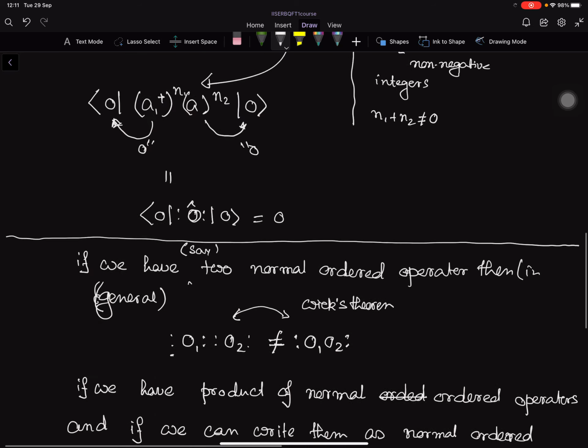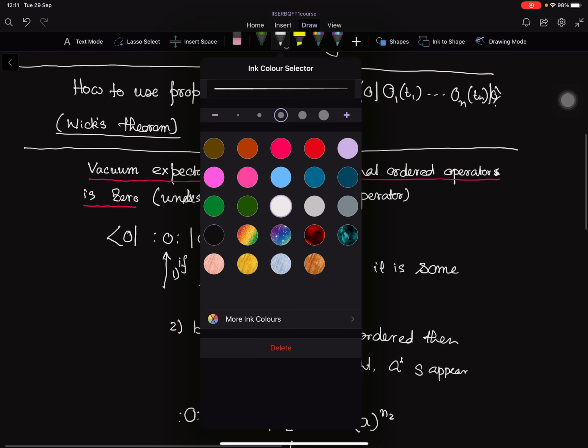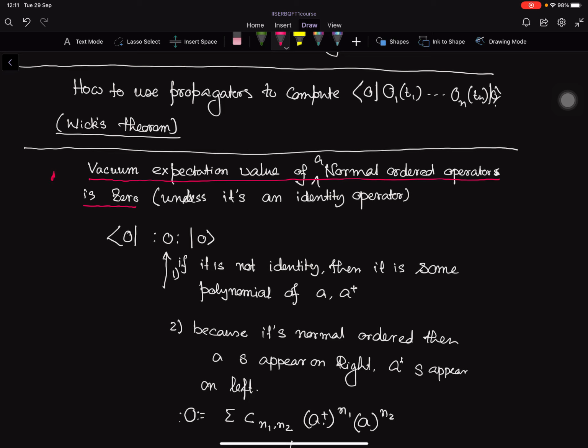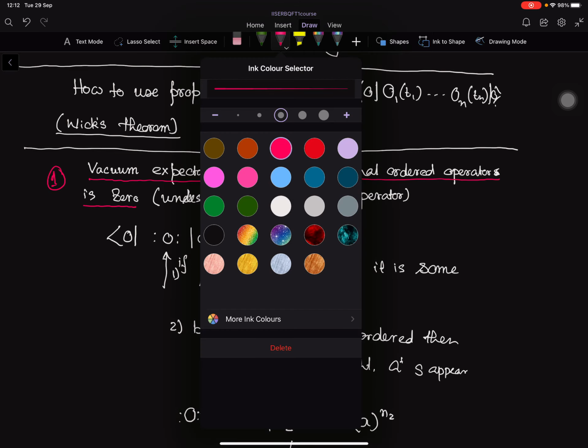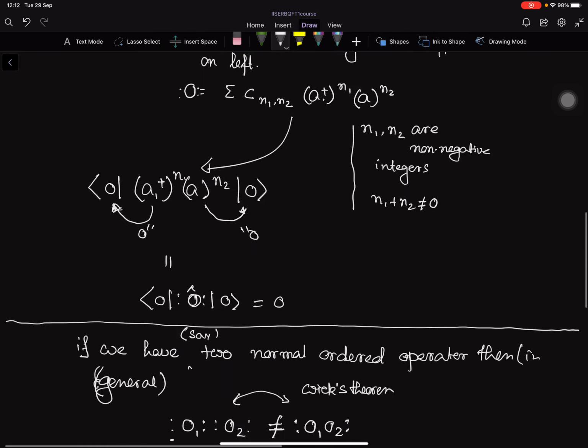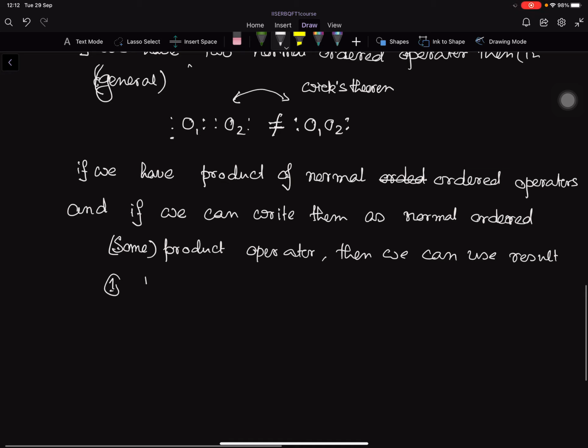So what is result 1? This I called result 1. Then we can use result 1 to compute the vacuum expectation value.